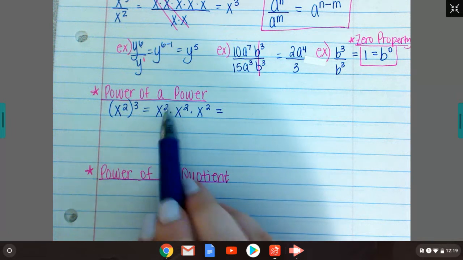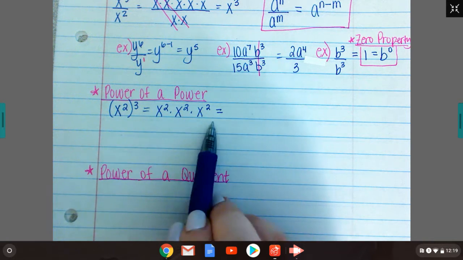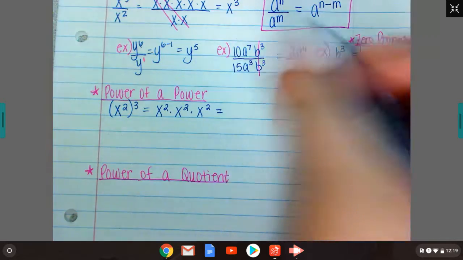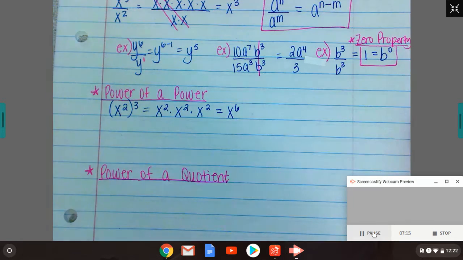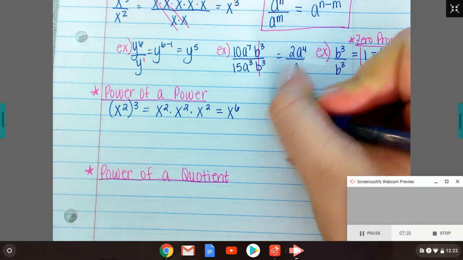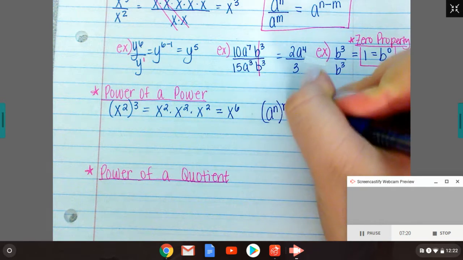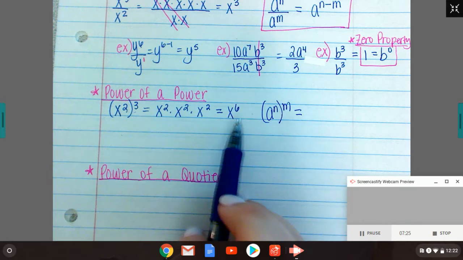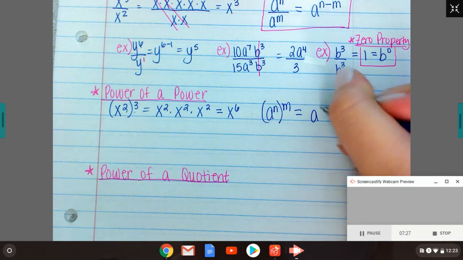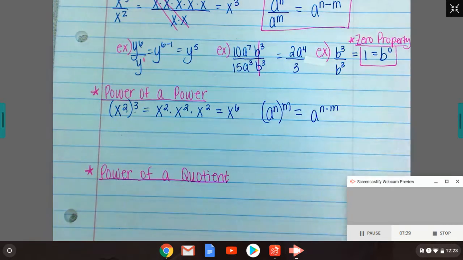So I've got x, x, x, x, x, x. So 6 x's, or 2 plus 2 plus 2. So our rule on this one is that if we have a to the n to the m, you can just multiply the powers, because on here we did 2 times 3 is 6. So a to the n times m.